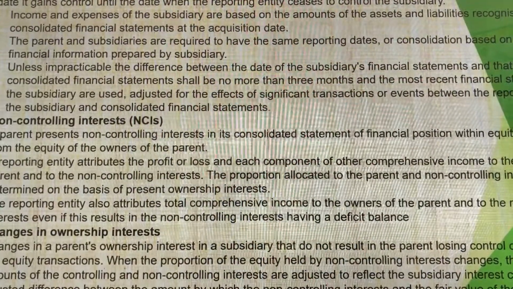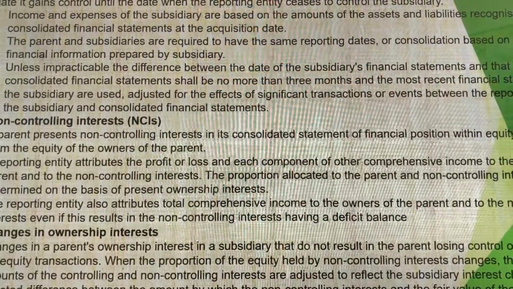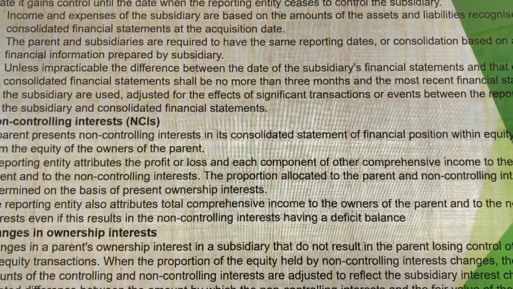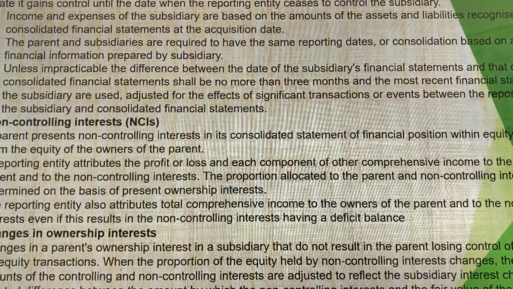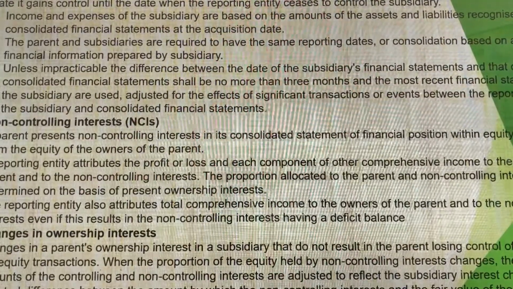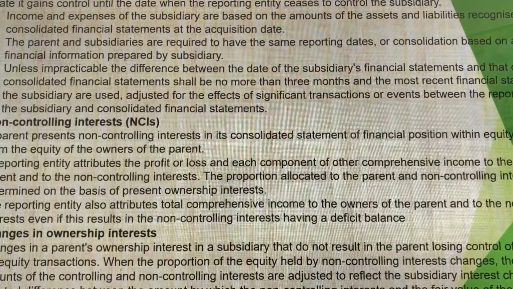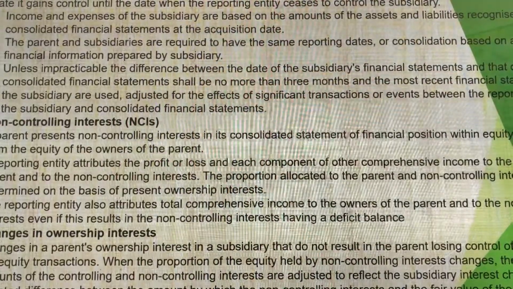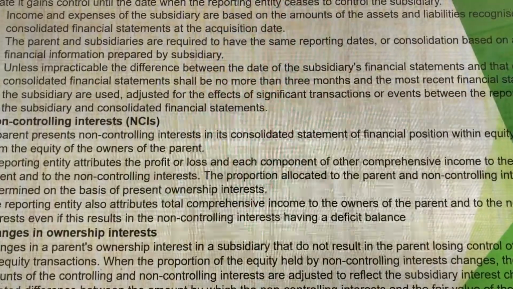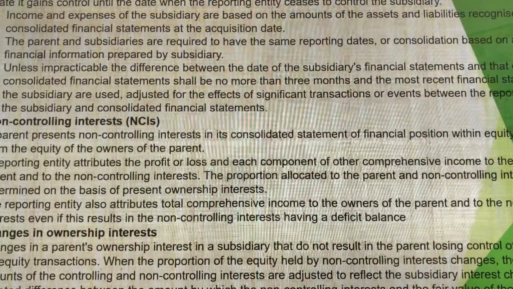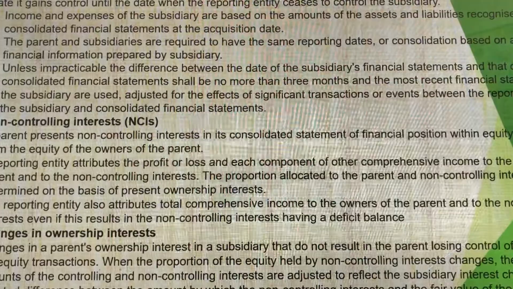The parent and subsidiary are required to have the same reporting dates, and there should be no more than 3 months between the subsidiary and the parent for their financial reporting, and they should use the updated subsidiary financial statements.